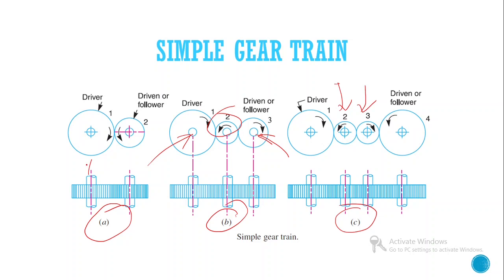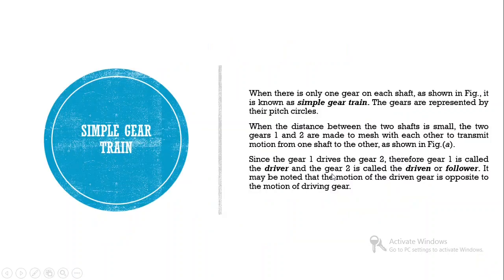This shaft carries only one gear, and this shaft carries only one gear. Similarly, all the shafts shown in this figure carry only one gear each. Such gear trains are known as simple gear trains.